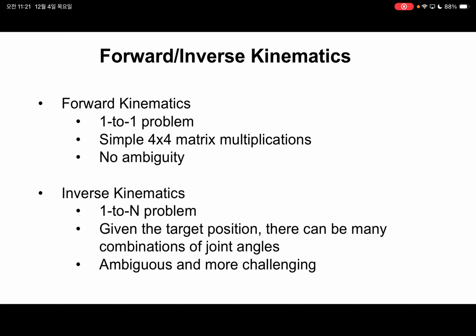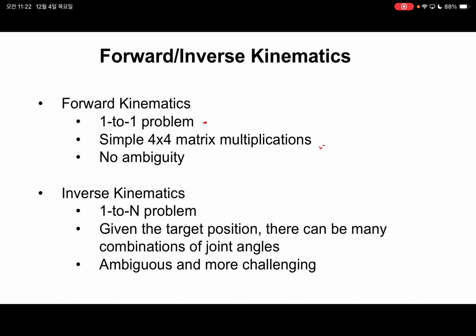For forward kinematics, there's actually no ambiguity. It is a one-to-one problem, a simple 4x4 matrix multiplication. You just keep multiplying matrices, that's all. There's no ambiguity, no difficulty, no challenge. It is mathematically closed and guaranteed. Forward kinematics is just a matrix multiplication.